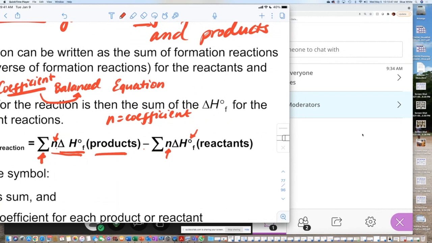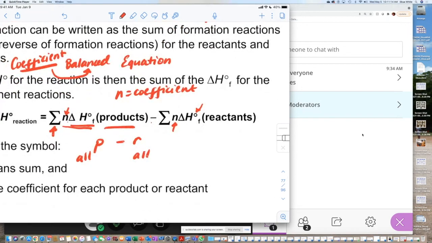When you're done, you will have the sum of the products' delta HF at standard state multiplied by the coefficient, minus the sum of the reactants' delta HF at standard state multiplied by the coefficient. Anyway, you're essentially taking products minus reactants. Okay, all your products minus all your reactants. Okay, let's work this out.